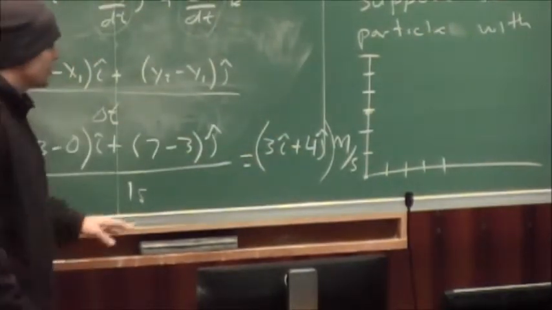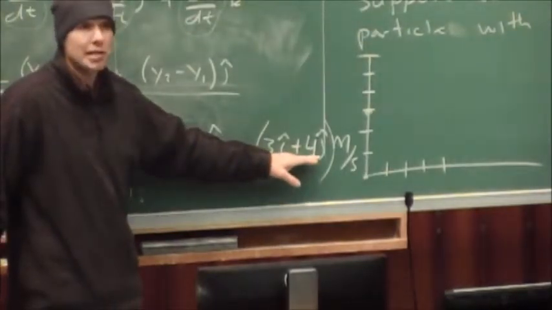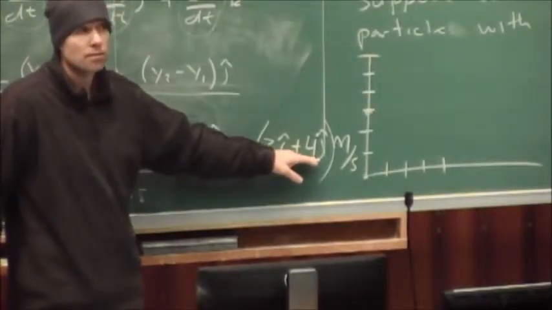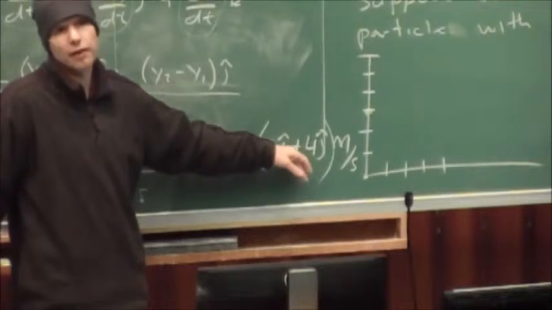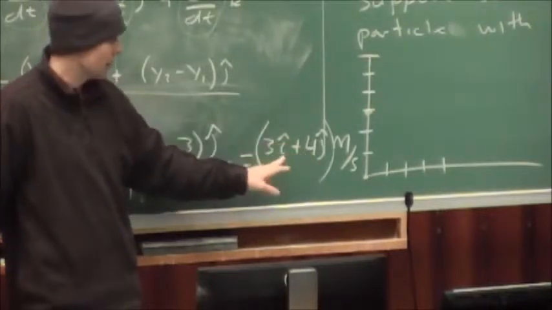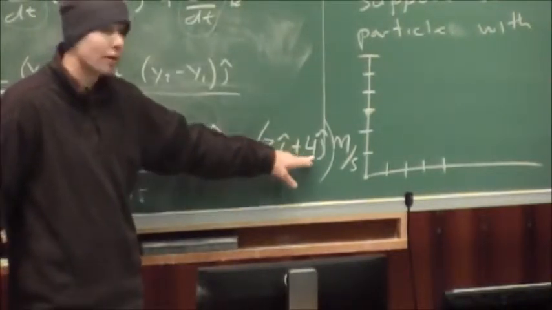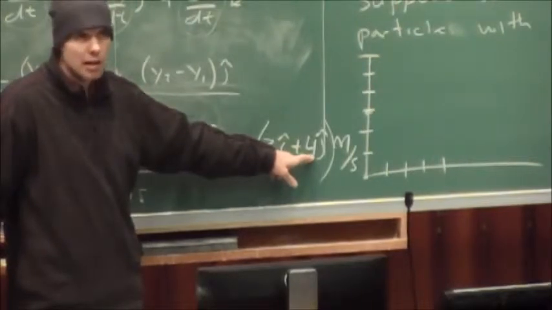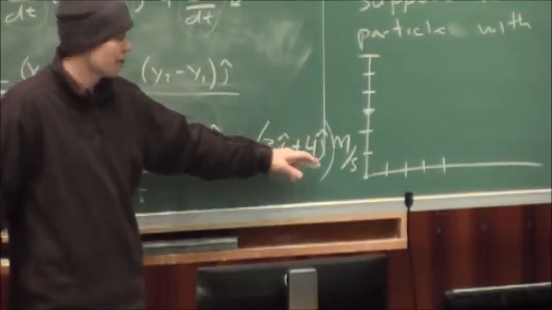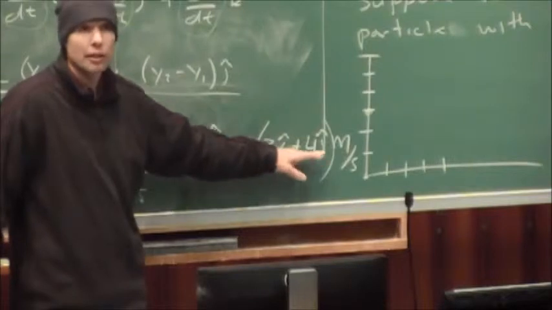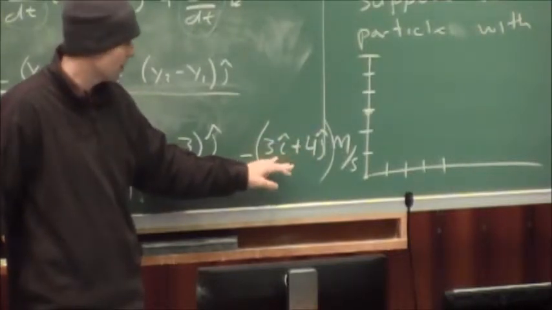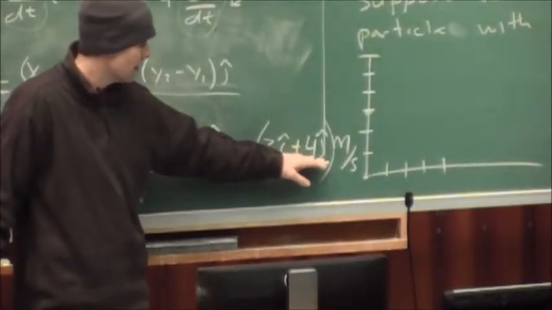Okay, so what is the magnitude of the velocity here? 5, right? This is a 3, 4, 5 triangle. Right, so if I take 3 squared, which is 9, plus 4 squared, which is 16, and then I sum those, I get 25, and I take the square root, and I get 5. Okay, so the magnitude of that velocity is 5.